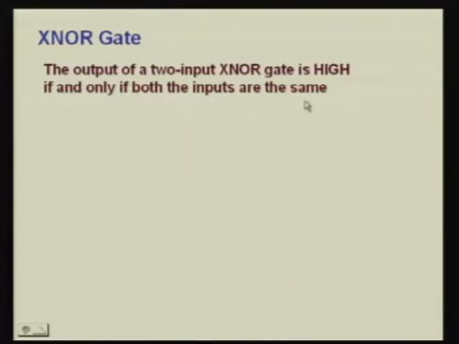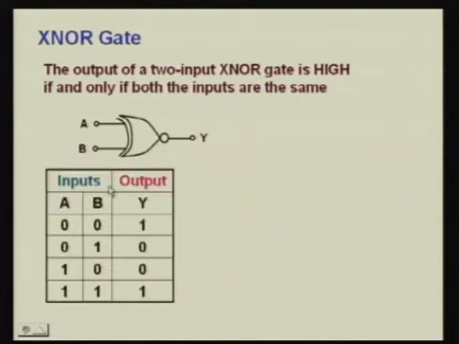It is the opposite of the XOR gate, where we got the high state when the inputs were unequal; here we get the high state if both inputs are identical. This is the symbol for the XNOR gate. It is similar to the XOR gate, only we have put a bubbled structure here, that is, we invert the output of the XOR gate.